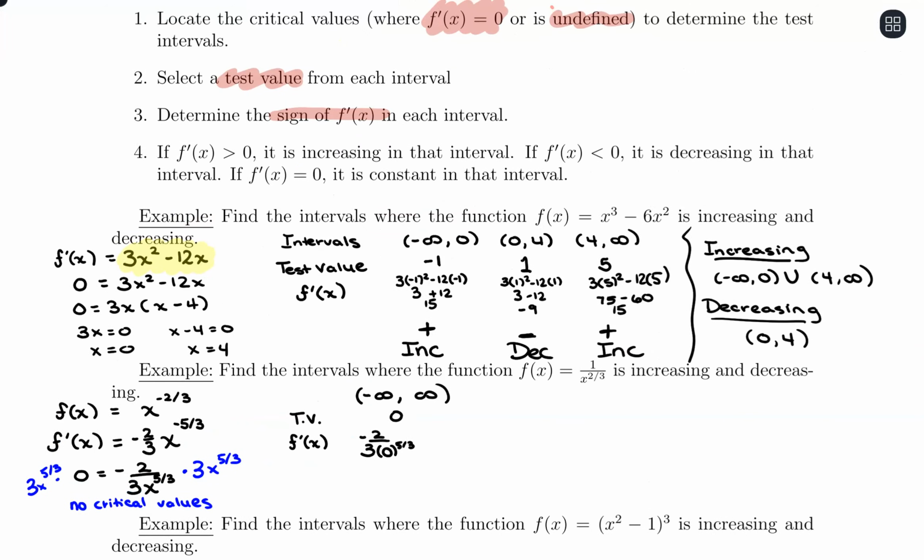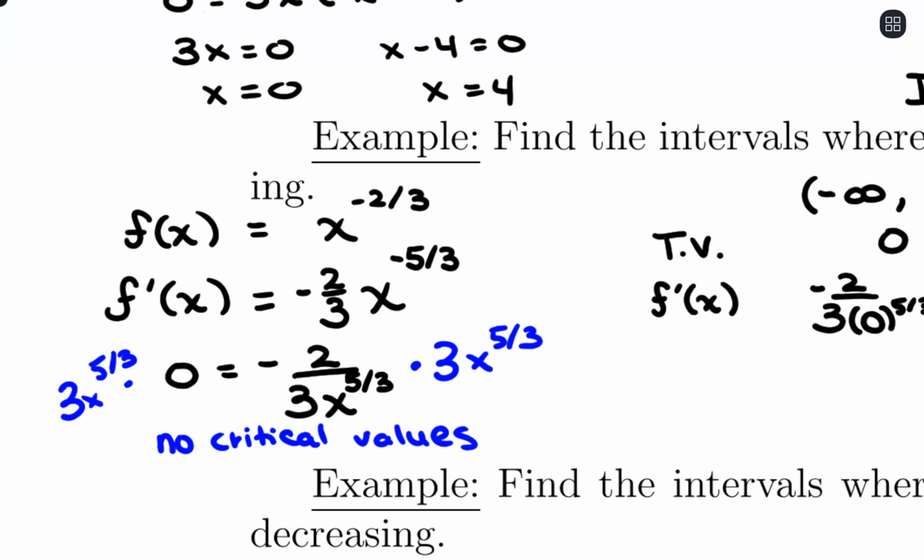We also want to pay attention to where our derivative is undefined. So let's go back a little bit. Our derivative, -2/3 times x to the 5/3, while there are no critical values for where our derivative is equal to 0, we do have a spot where we're undefined in that x cannot equal 0. So we are limited there.